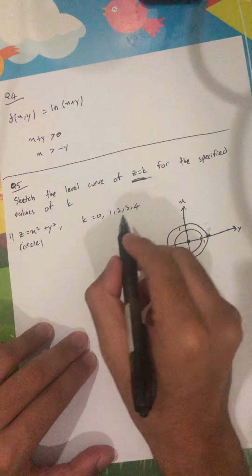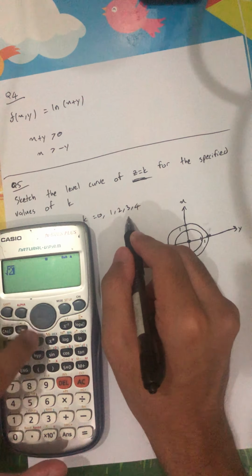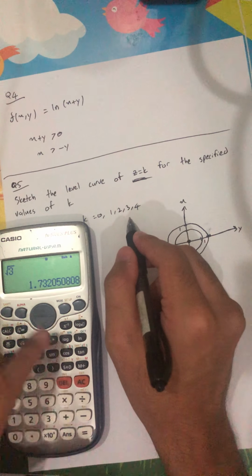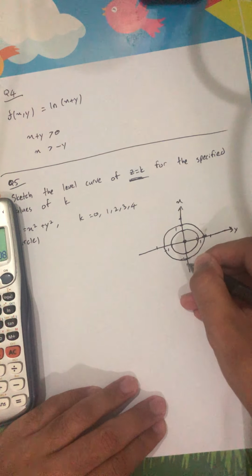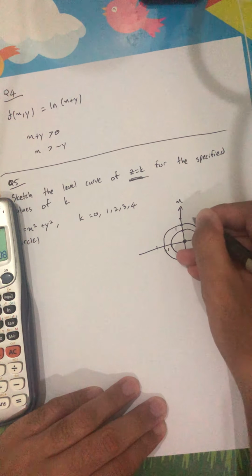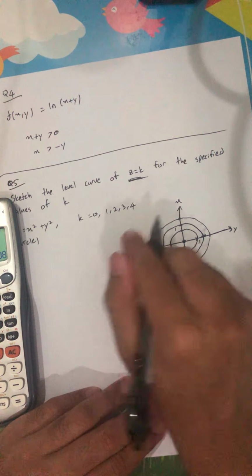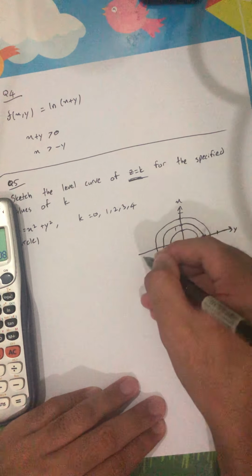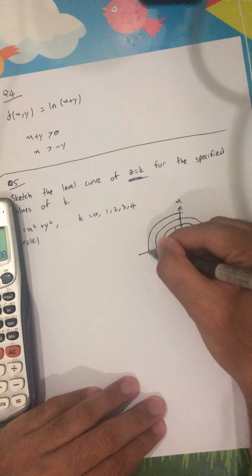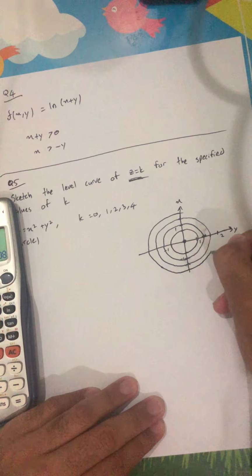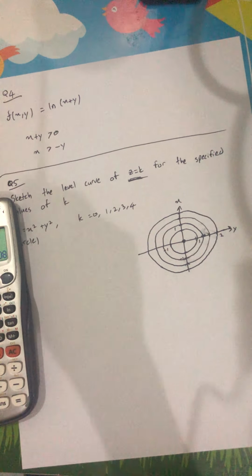When it is equal to 3, the radius is 1.73. Let's say here, here, here, and here. When it is 4, the radius is 2. So basically this is the drawing.